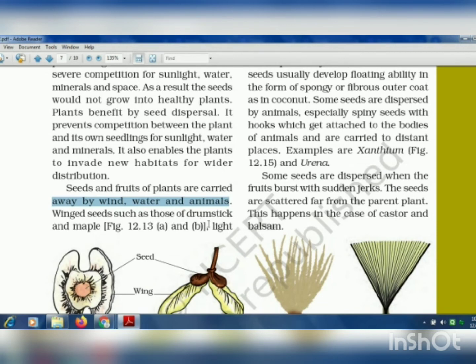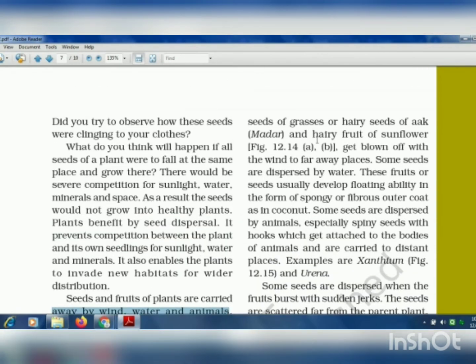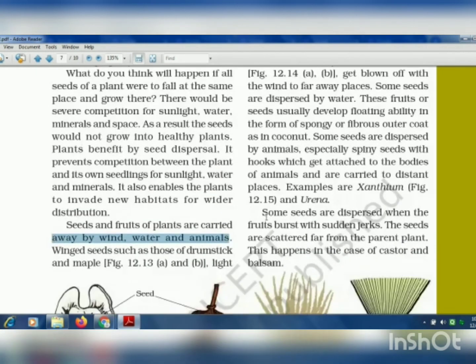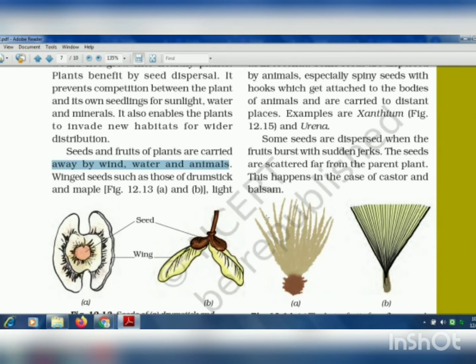So now further we'll look into examples of how a plant's seed or fruit gets transferred from one place to another. Now there are some plants such as drumstick, maple, grasses, and sunflower whose seeds have wings.